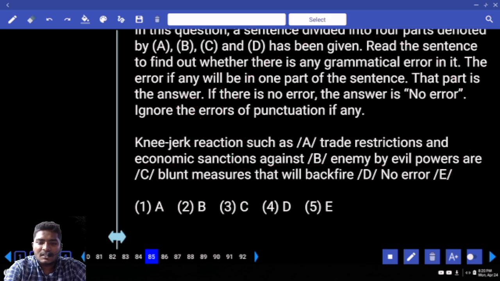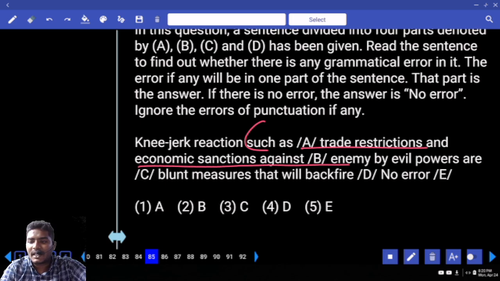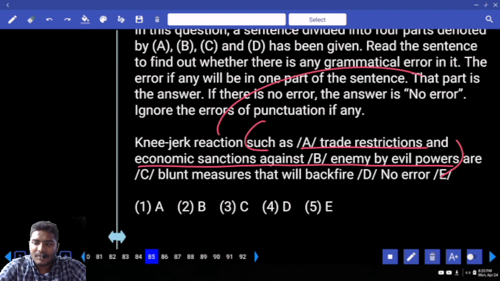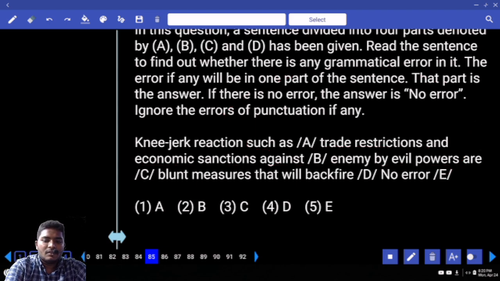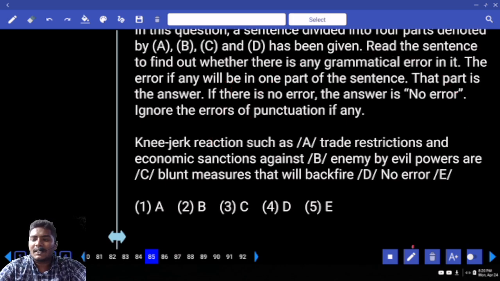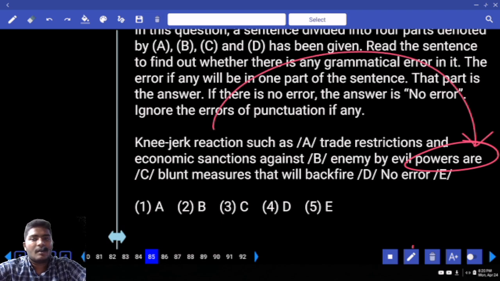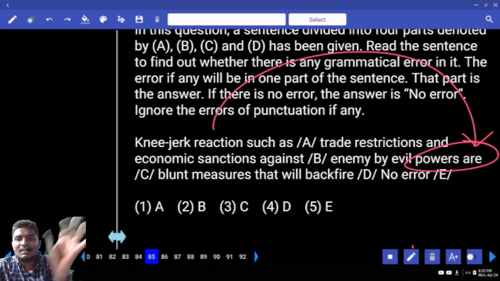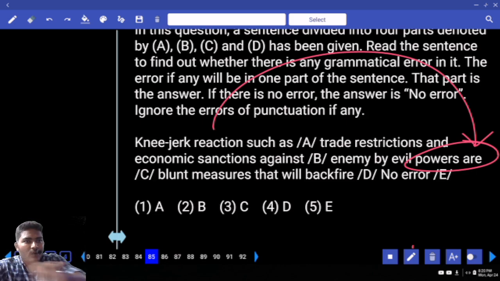Which reactions? The reactions such as trade restrictions and economic sanctions against the enemy by evil powers. Remember this point. This we need as a plural combination, and here we have plural. It is not the subject of powers are. It is the subject of reactions are. If you don't know how and when a sentence or subject starts and where the helping verb is, your answer would be wrong. Remember this point.